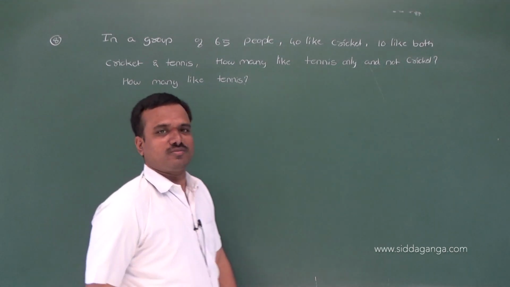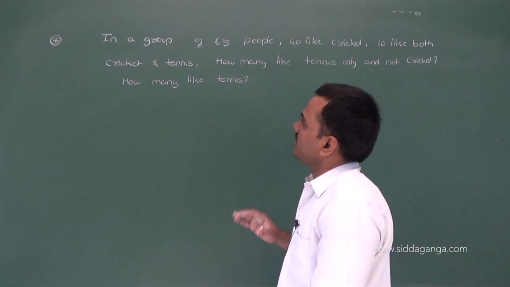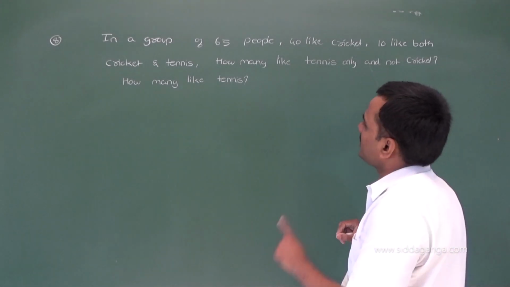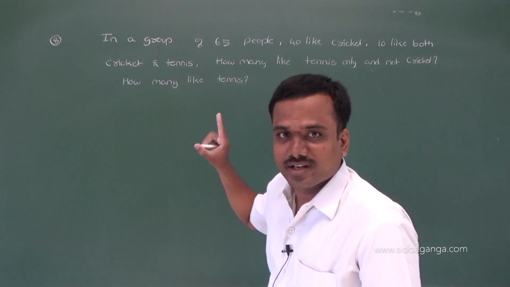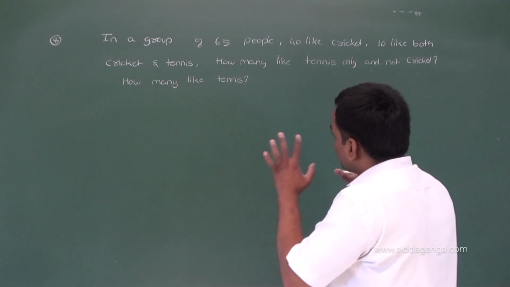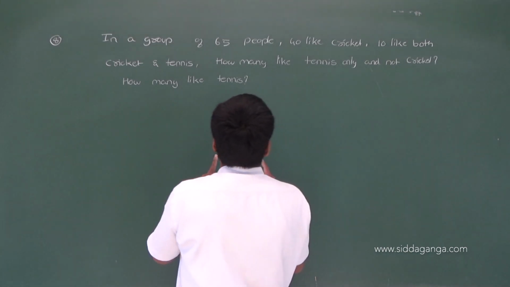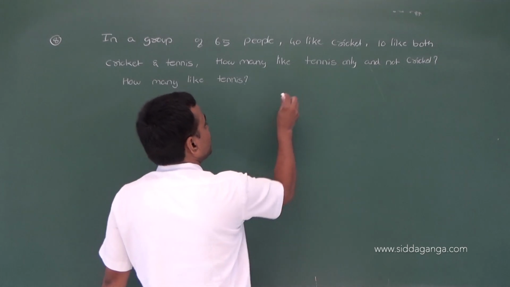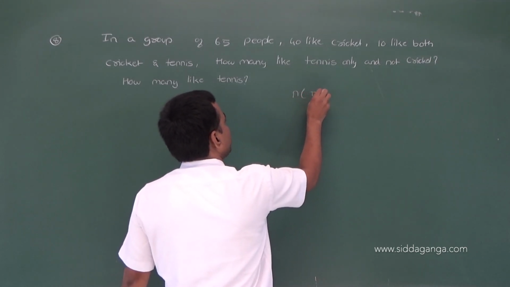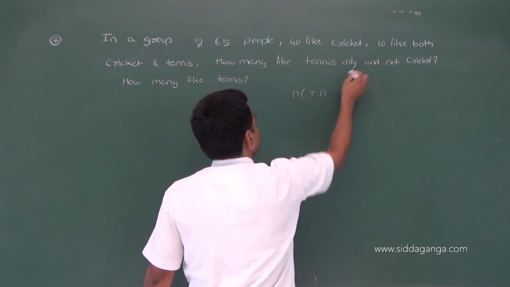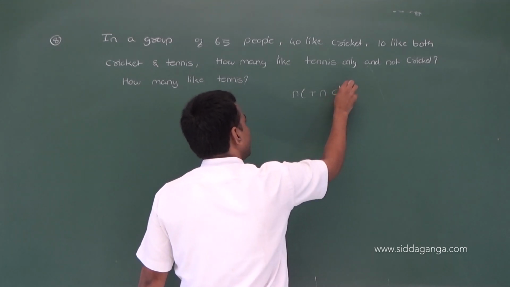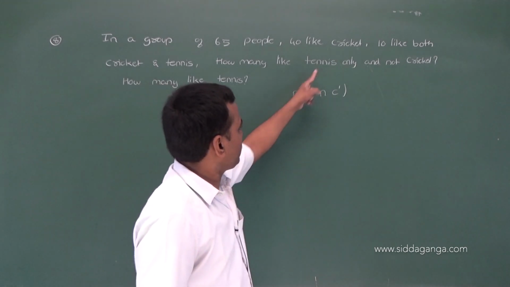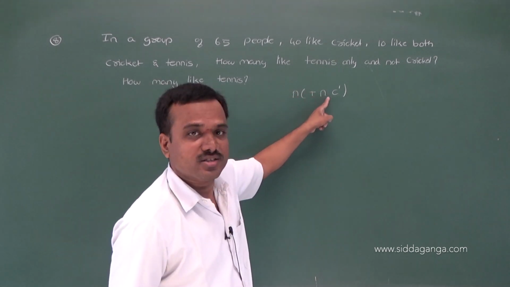See the question. Very interesting question. In a group of 65 people, 40 like cricket, 10 like both cricket and tennis. Firstly, how many people like tennis only, not cricket. Not cricket means C dash, so here we find n of T intersection C dash.